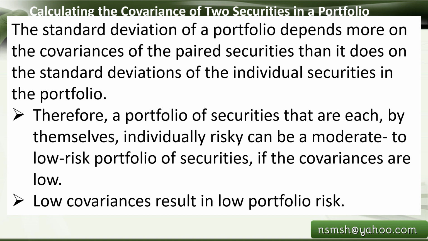So it is very important to understand the standard deviations along with the covariances of the paired securities. Therefore, a portfolio of securities that are each individually risky can be a moderate to low risk portfolio if the covariances are low. Low covariances result in low portfolio risk.